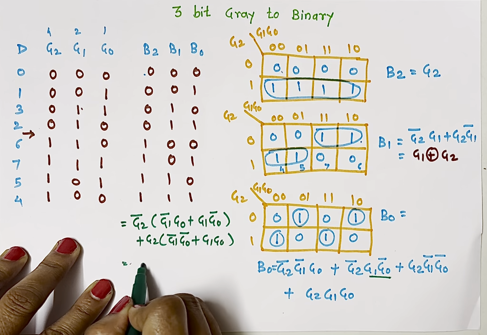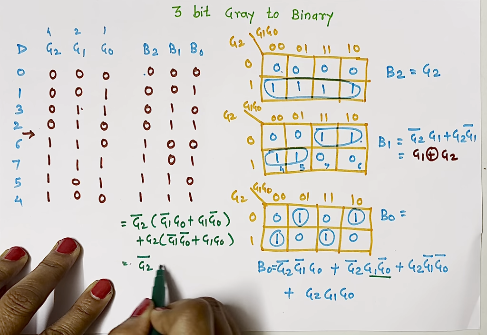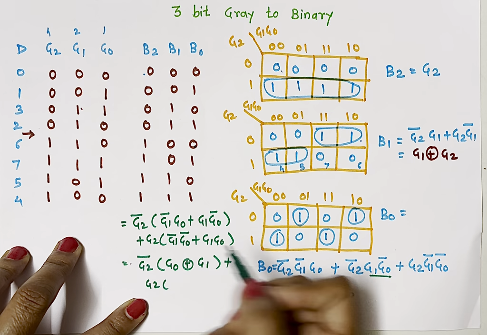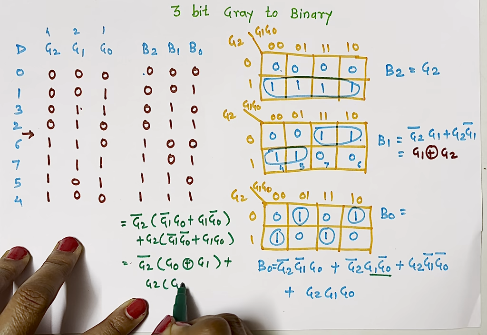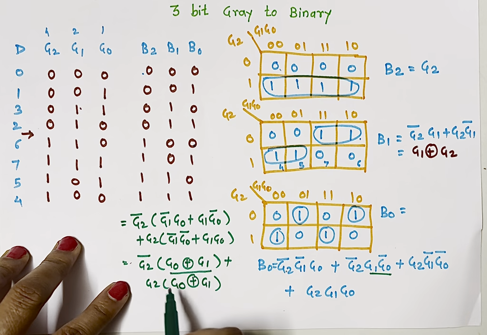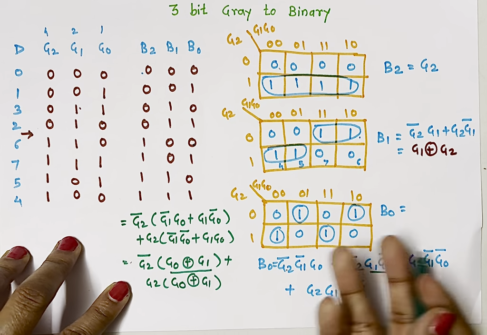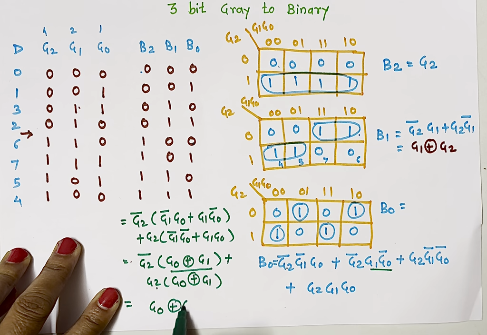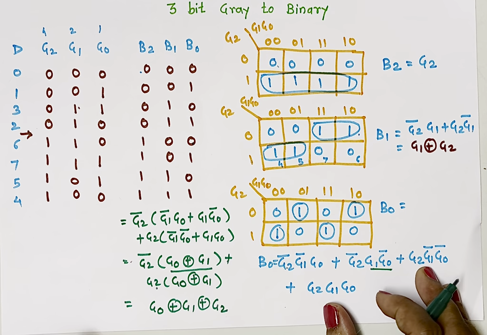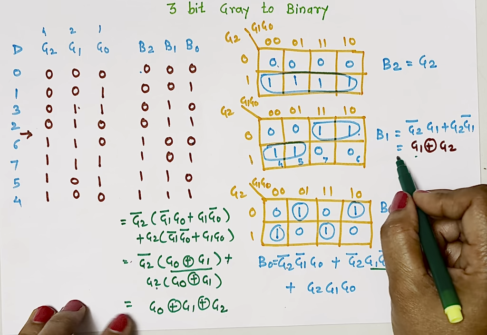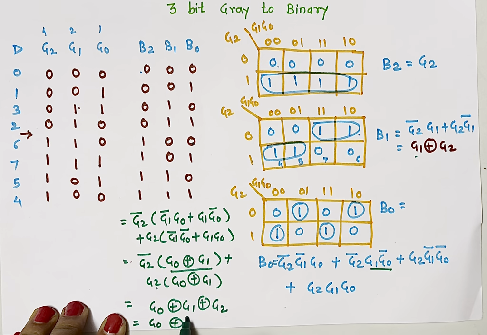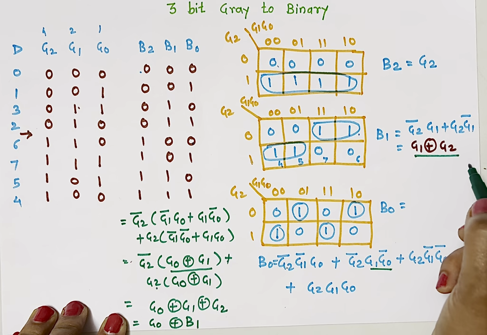The G2 bar bracket is nothing but G0 XOR G1, and the G2 bracket is A bar B bar plus AB, that is XNOR, so bar of G0 XOR G1. Considering the bracket as B, this is A bar B plus A B bar, which is G0 XOR G1 XOR G2. And G1 XOR G2 is nothing but B1, so this is G0 XOR B1.